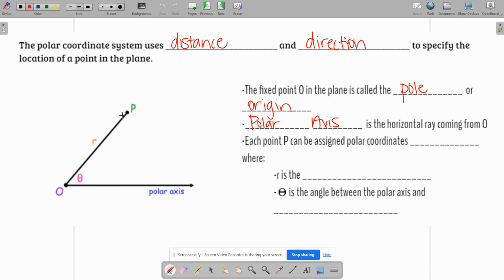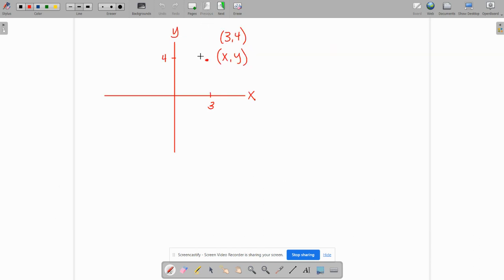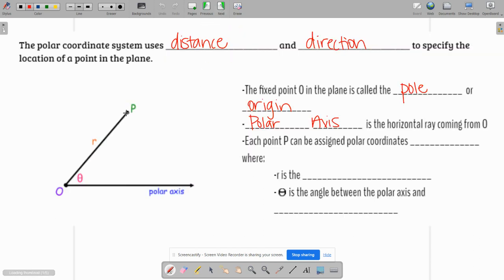And then we have a point up here, which we're going to specify just like how we had a point here, but we had coordinates x, y. The point here is going to be given the coordinates r, comma, theta. And r is going to remind you of the radius here.